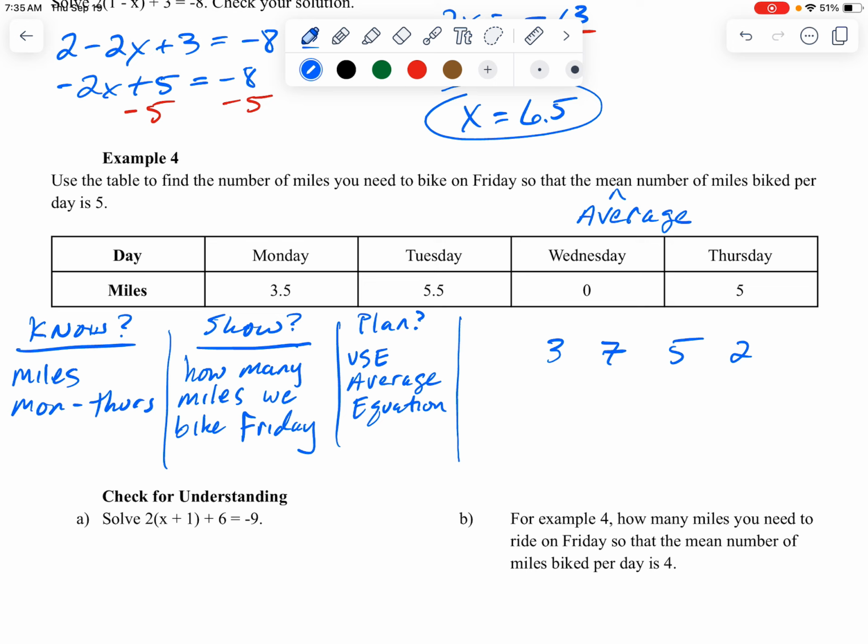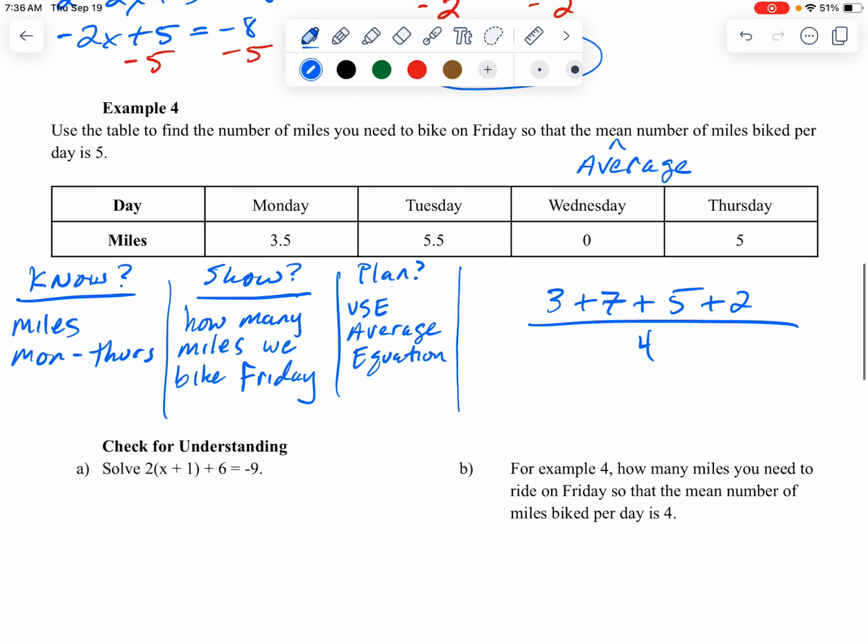If I want to find the average of these 4 numbers, the process is just add them together and then divide by however many numbers there are. Since there are 4 numbers here, we're going to add those up and divide by 4.